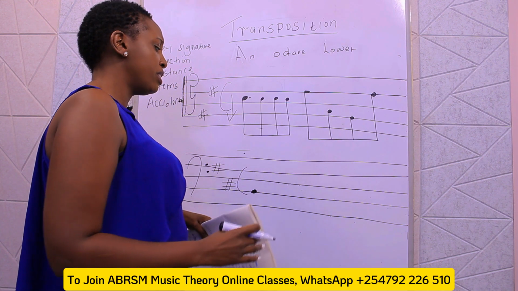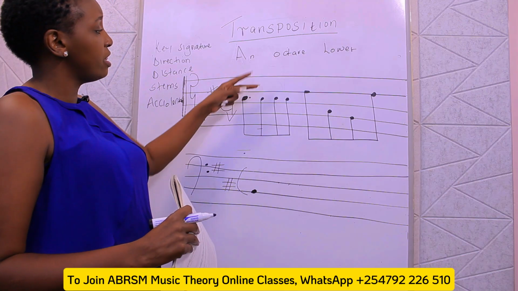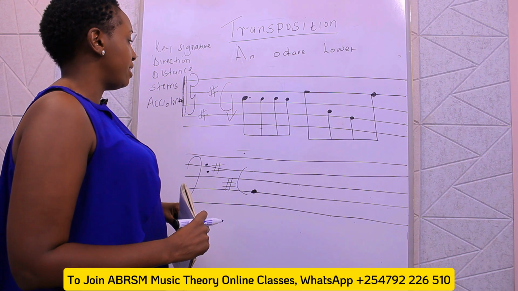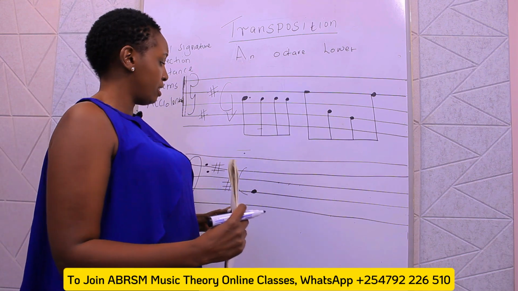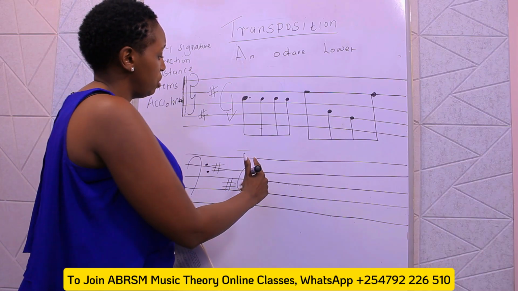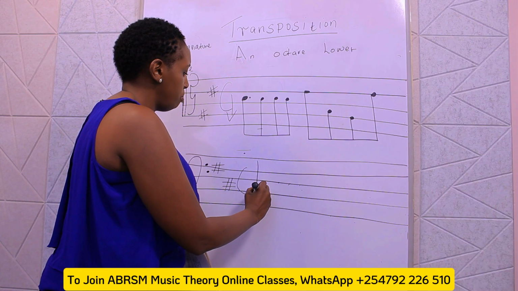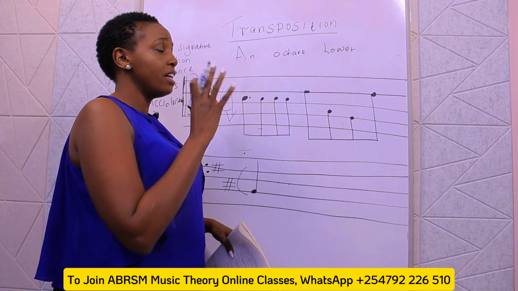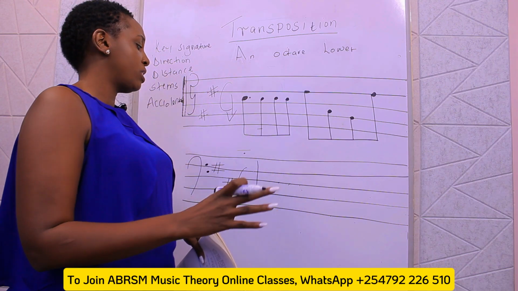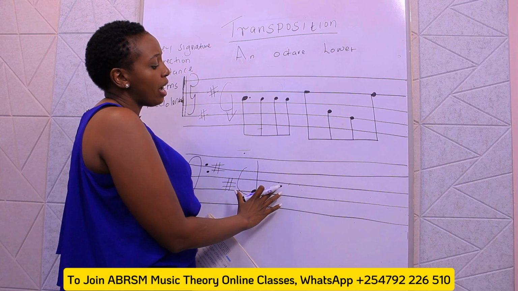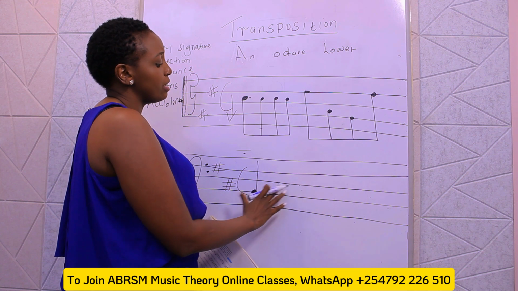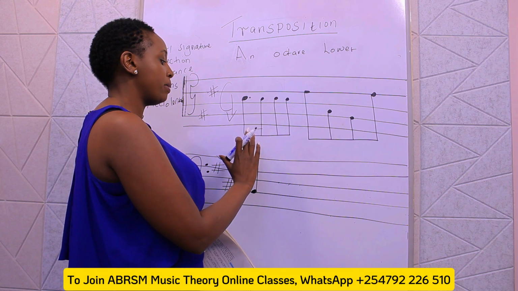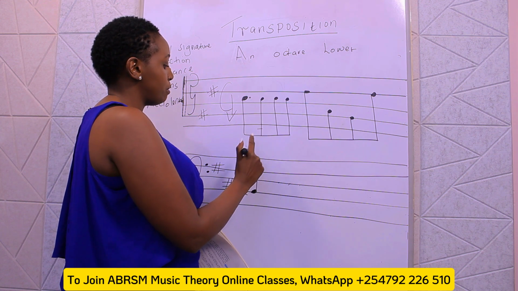Definitely, I'm assuming that you already know the names of these notes and the names of the notes in tenor clef, so that it can be much easier for you to name them. But again, if you do not know the names of these notes, there is a whole video about that. So now remember that our stems are below this middle line, so that is why I am taking them up.